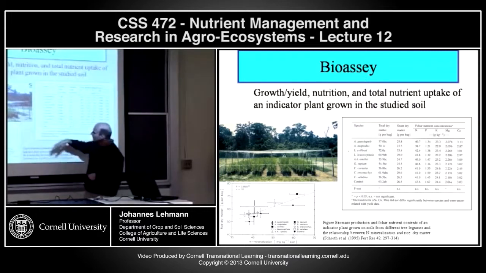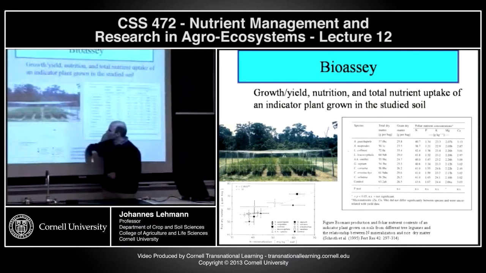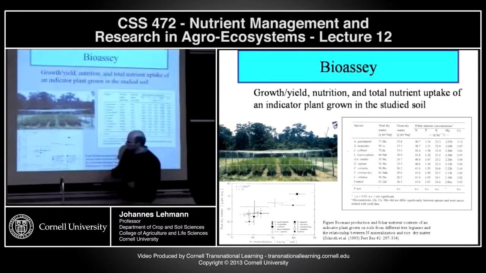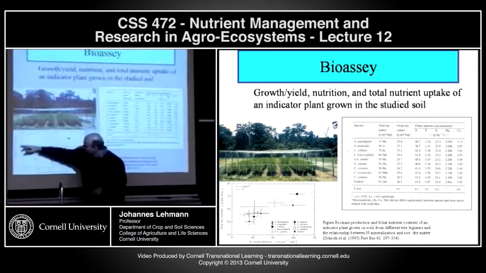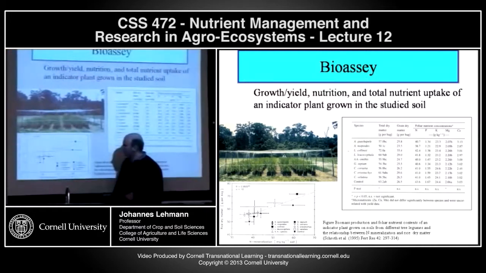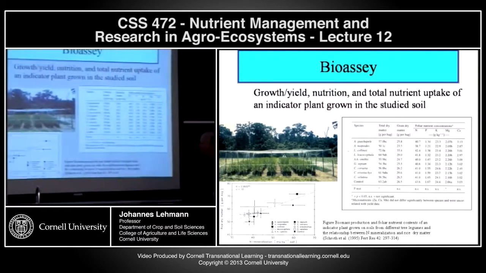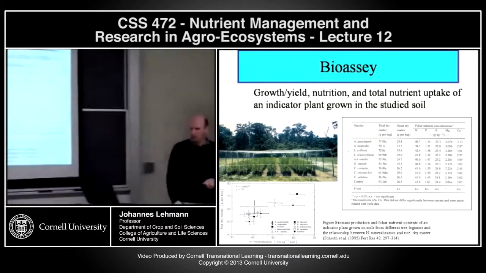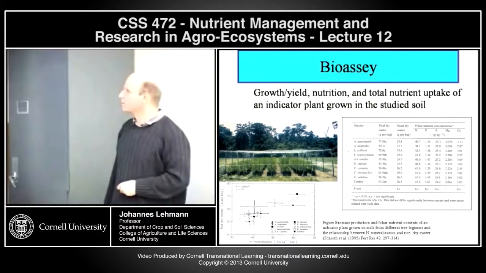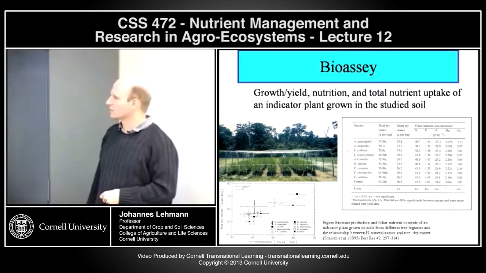And then we are also able to look at transformations. Here, for instance, the N mineralization was found to be linearly and fairly well correlated to the rice dry matter. So nitrogen was an important limiting factor that could be improved with these improved fallows.